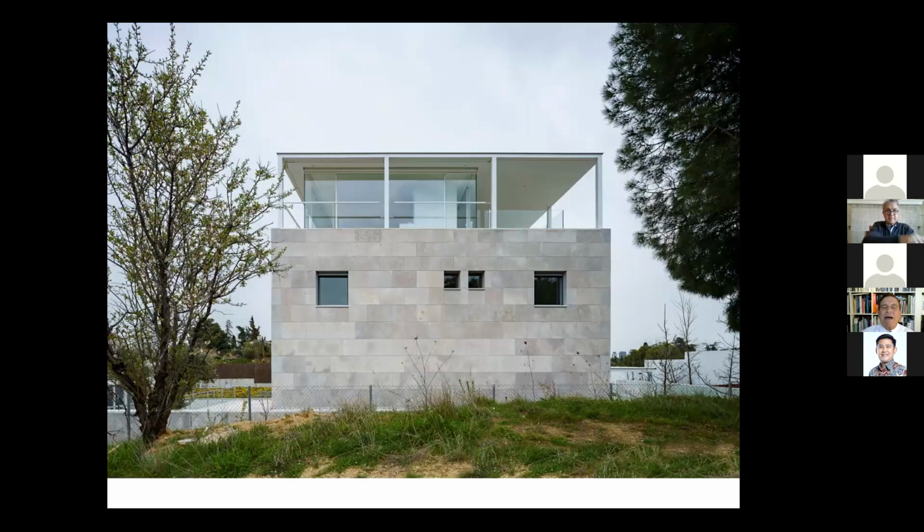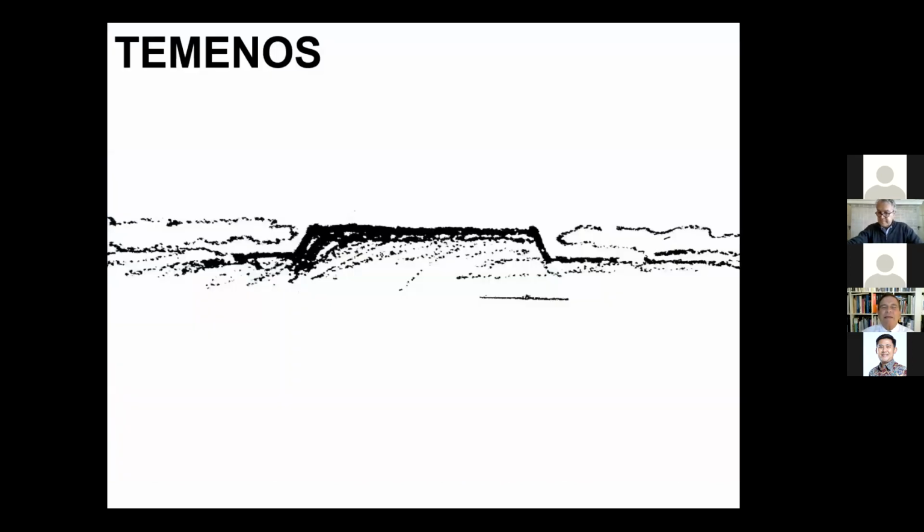After making buildings like that, I made buildings that disappear. This drawing you cannot recognize at first, but it's made by John Hudson. Do you remember Hudson wrote a very famous text, plateau platforms, speaking about the flat horizontal plane on the top of the forest, and this one is a temenos. The temenos is a very old idea.